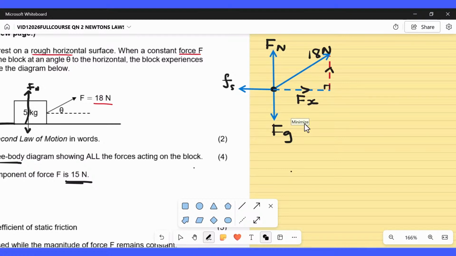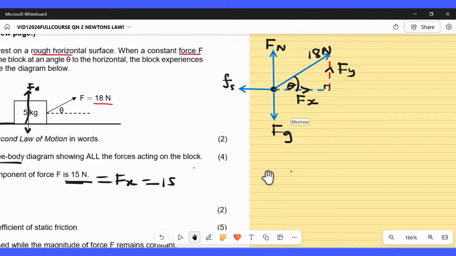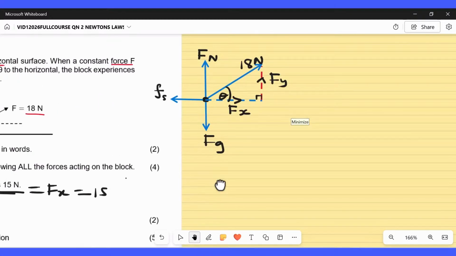So from here, what do we see? Our Fx is adjacent, so for that matter, if you talk about SOHCAHTOA, I'm going to use cos. So I can see that the cos of theta equals adjacent, which in this case is our horizontal component Fx, divided by the hypotenuse, which is the applied force F, or you can say 18.